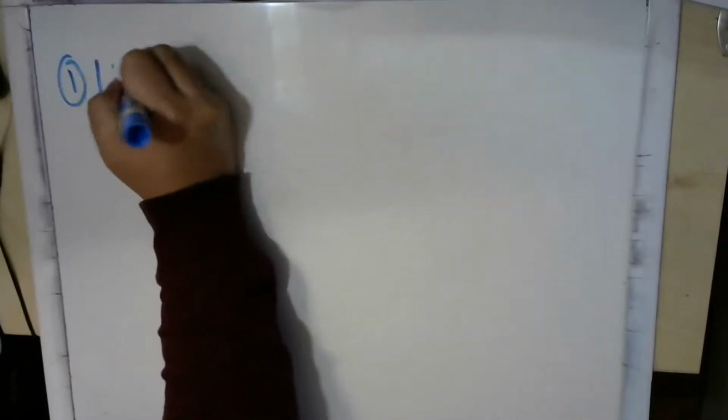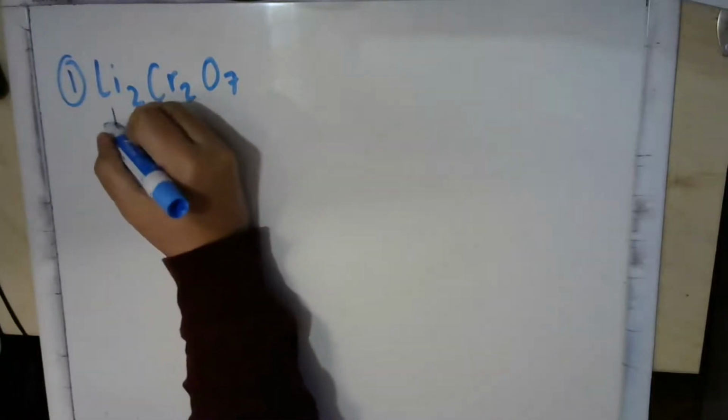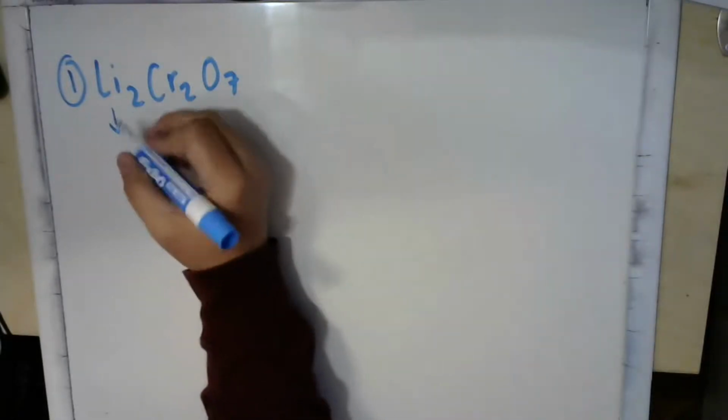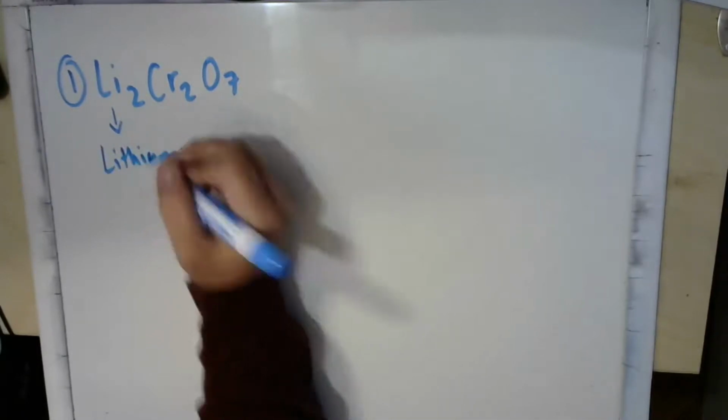Okay, so we have Li2Cr2O7. I'm going to look at this right away and say, all right, that is lithium. Lithium is a group 1 metal, and it is a type 1 metal, so I can just name it as lithium.